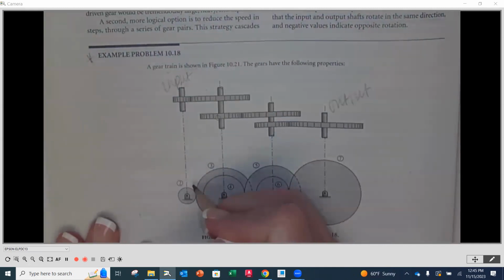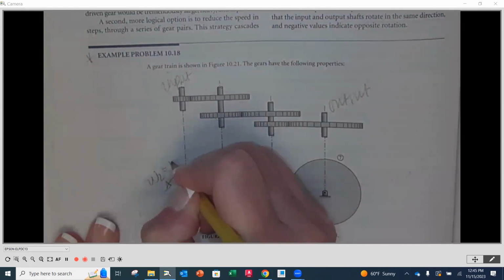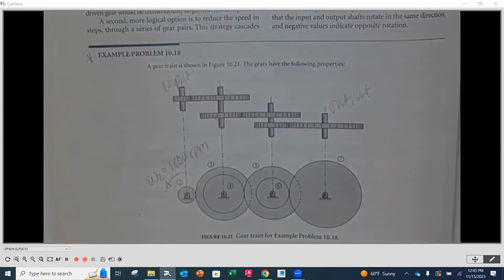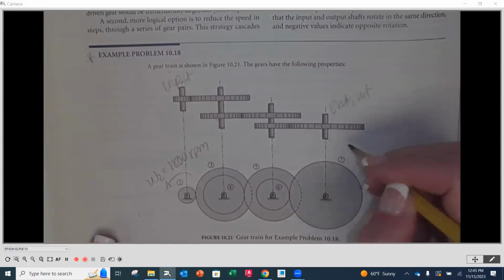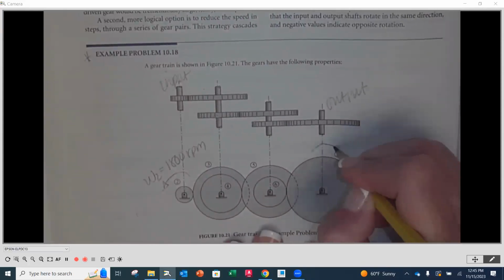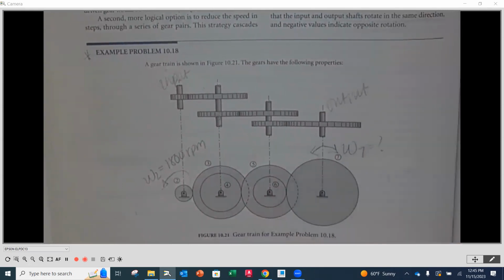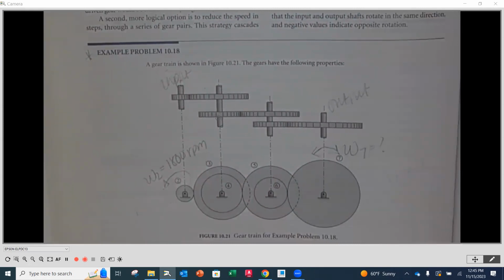So that means W2 is equal to 1800 RPMs, going counterclockwise. The first part we want to find is, what is the rotational speed, counterclockwise or clockwise, of W7? Rotational speed-wise and direction.